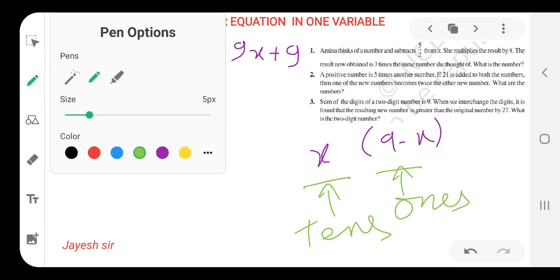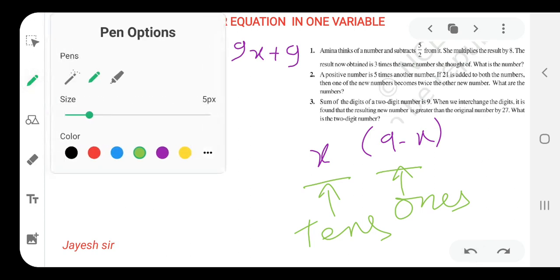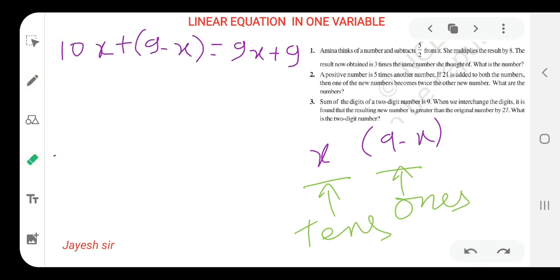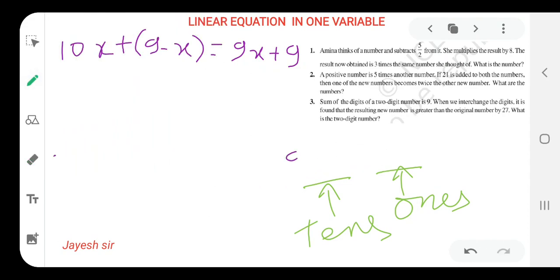Let me show you properly. 9 minus x is written over here, that should be interchanged and written over there, and x should be written over here. So let's interchange it and write the values as per the question demands. Here we write 9 minus x and here it was x. After interchanging the digits, I have interchanged the places.